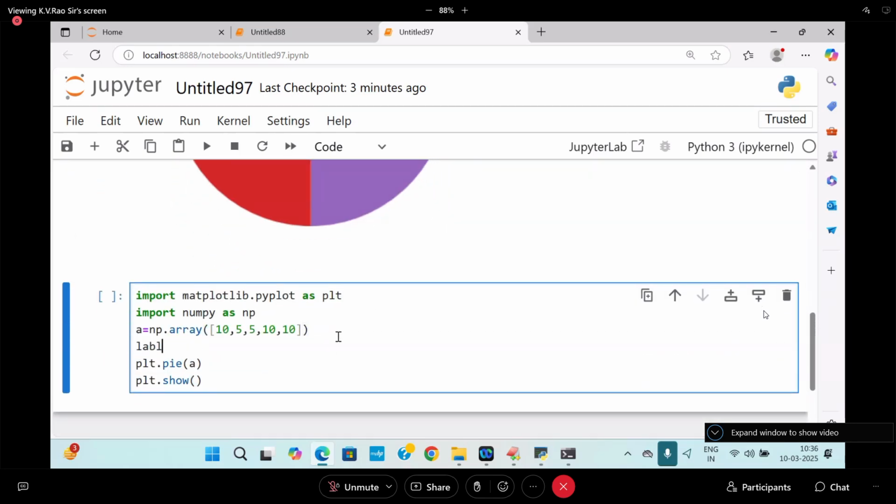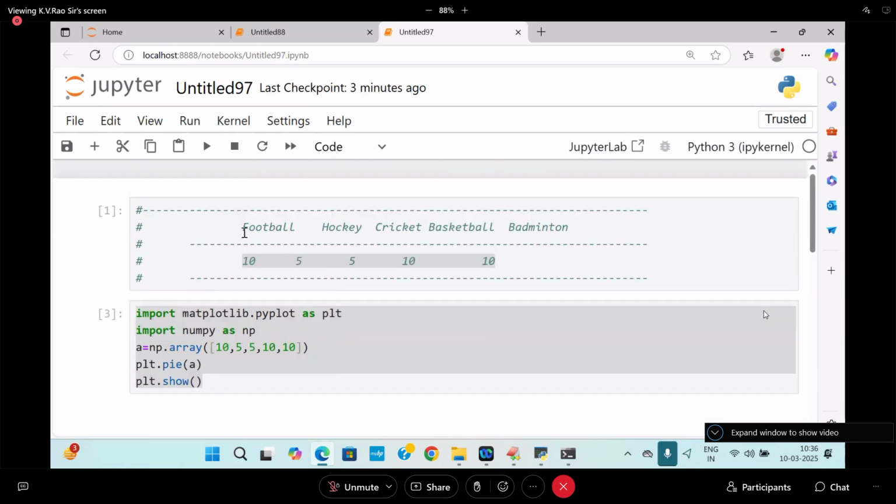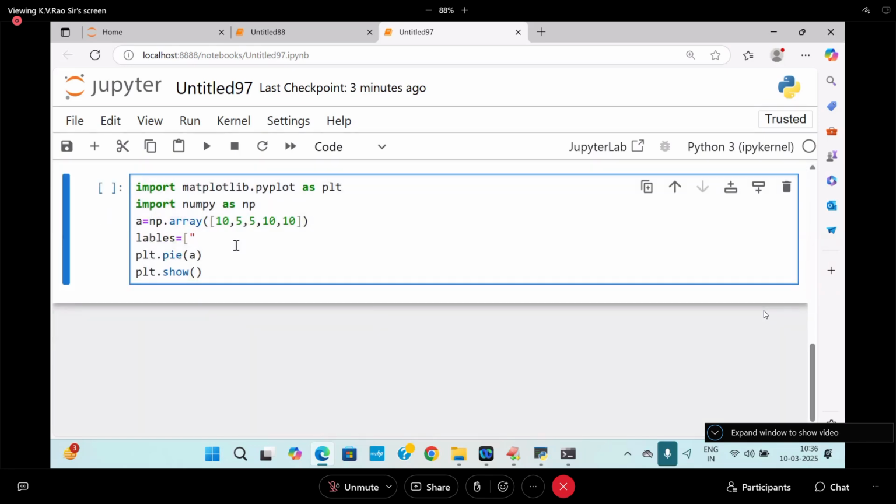So labels, that you can take. What is the label now? So you can take it. These values you can take. So I will take it here. Hockey. Can mention this value.